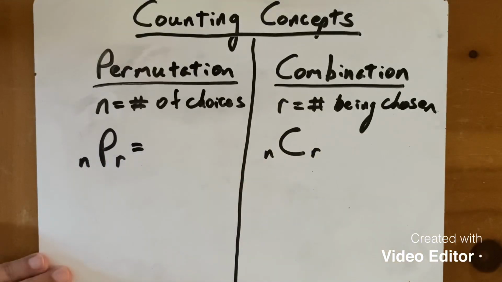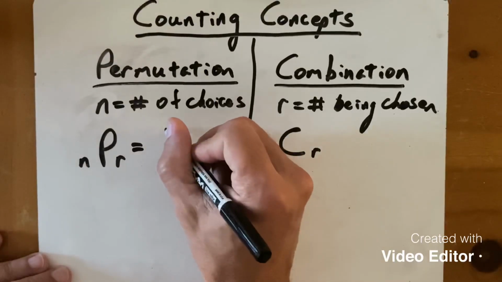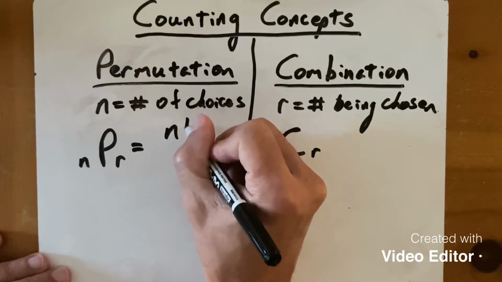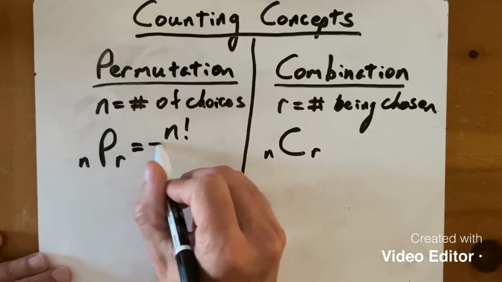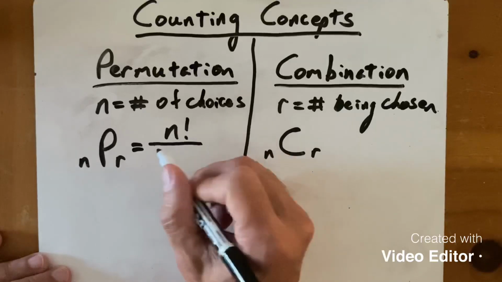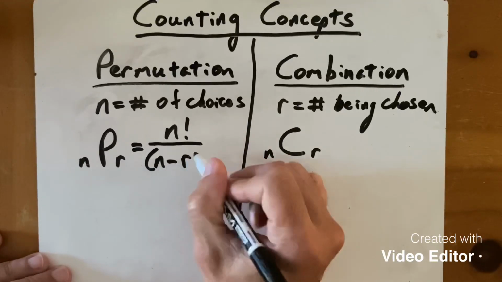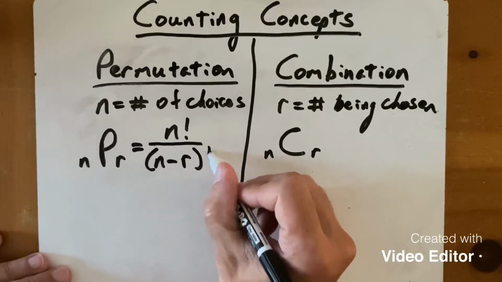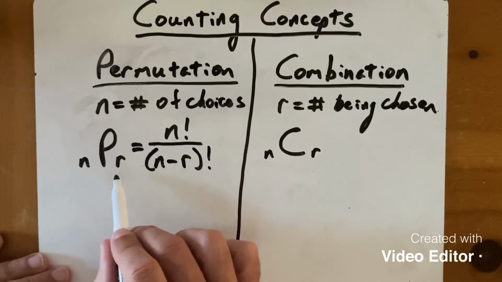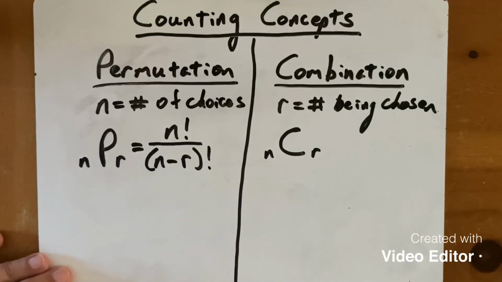The equation to calculate a permutation is n factorial, remember n is the total number of choices, divided by the factorial of n minus r. So total number of choices minus how many we're choosing at a time, and then we take the factorial of whatever that number is. So there's the equation for permutation.